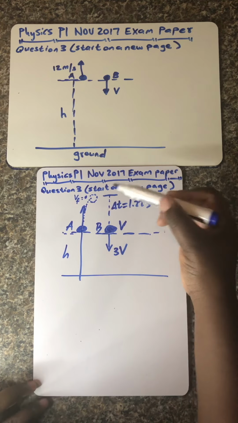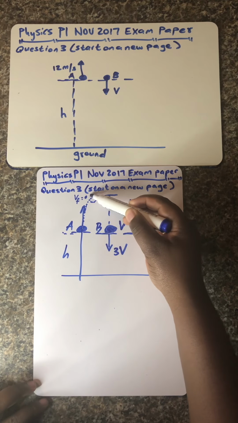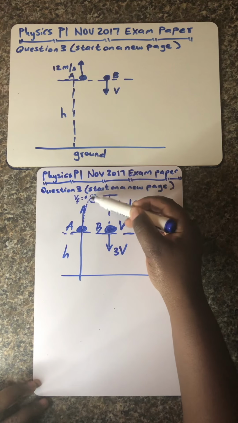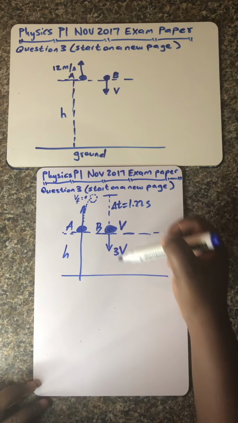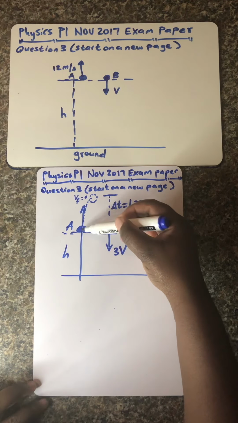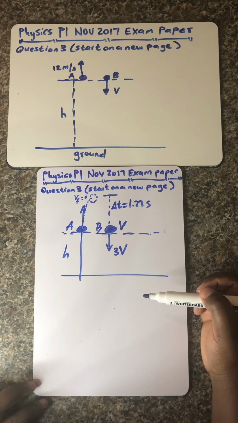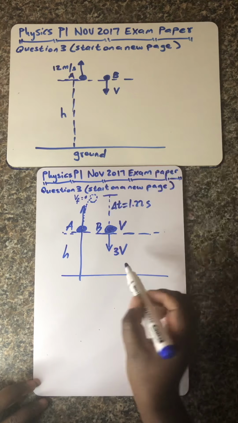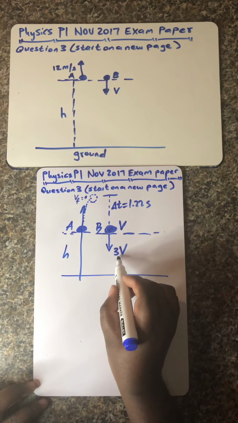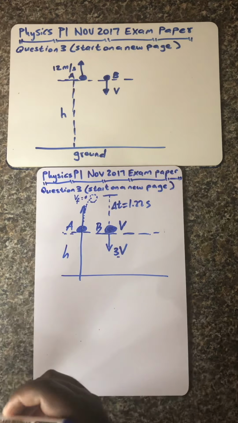So they are saying, as this object travels until it reaches its maximum height, this object, which was thrown vertically downwards at the same time when this object A was projected vertically upwards, when it reaches that maximum height, the velocity of this object will be 3v. I hope it makes sense.